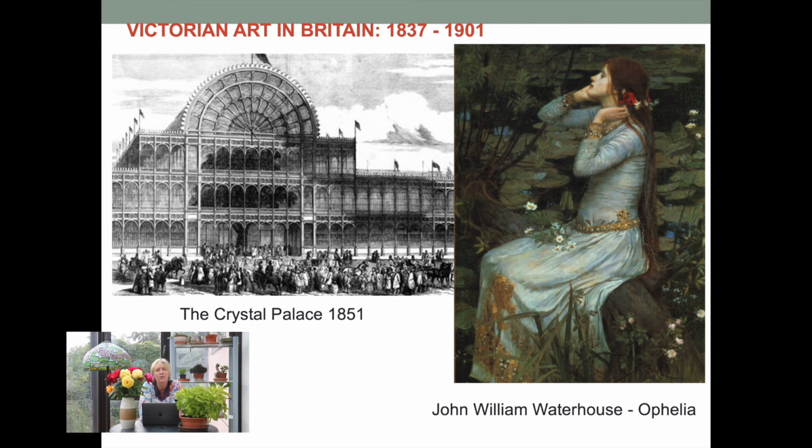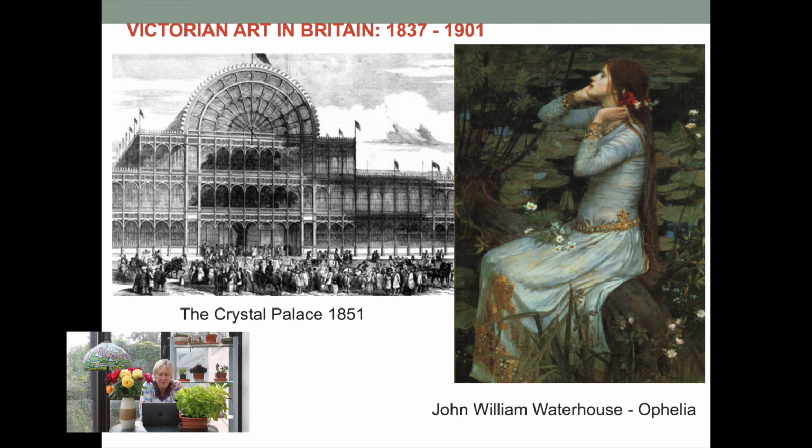This was of course in London, in Hyde Park. But if we look at Victorian art, especially the mainstream art, there is a lot of nostalgia, and this is the kind of nostalgia that is now felt sometimes towards the 19th century. They had the same nostalgia towards earlier periods.